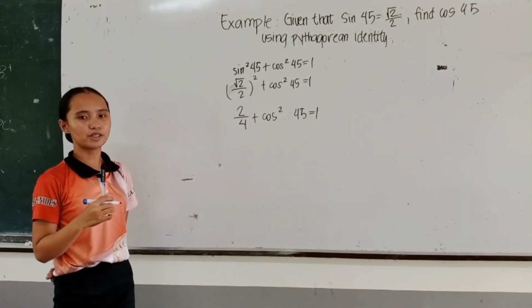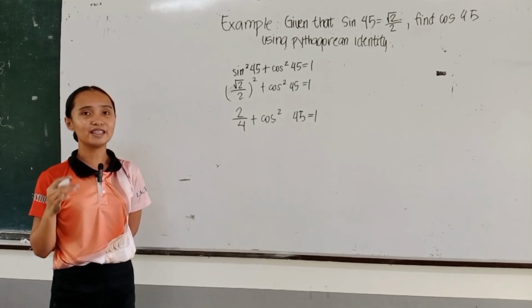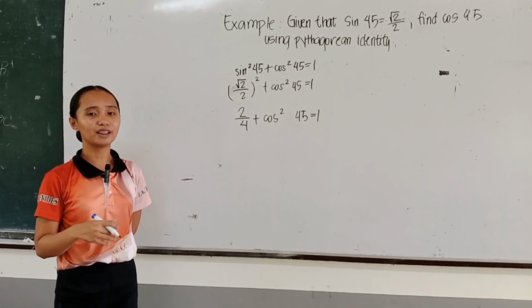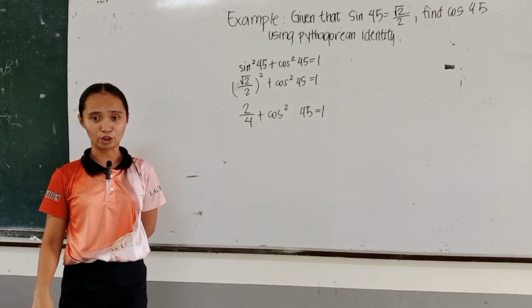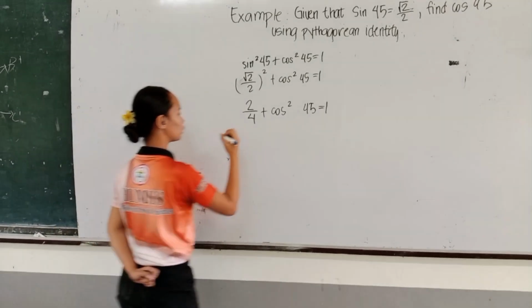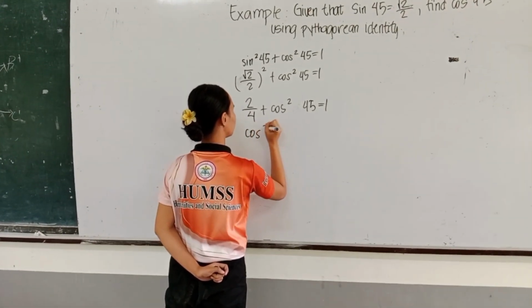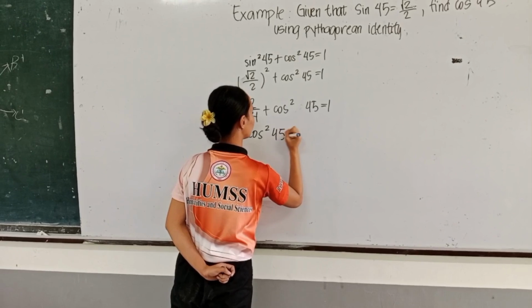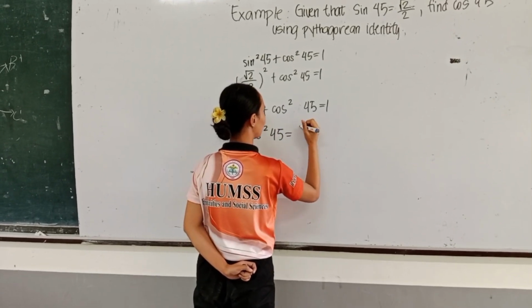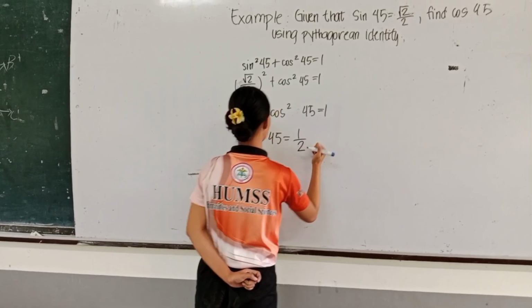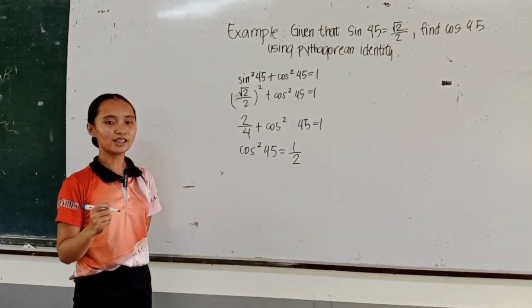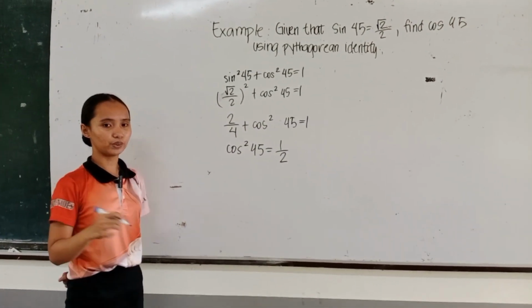the next step is to use the addition property of equality and then add negative 2 over 4. Next is to take the square root.